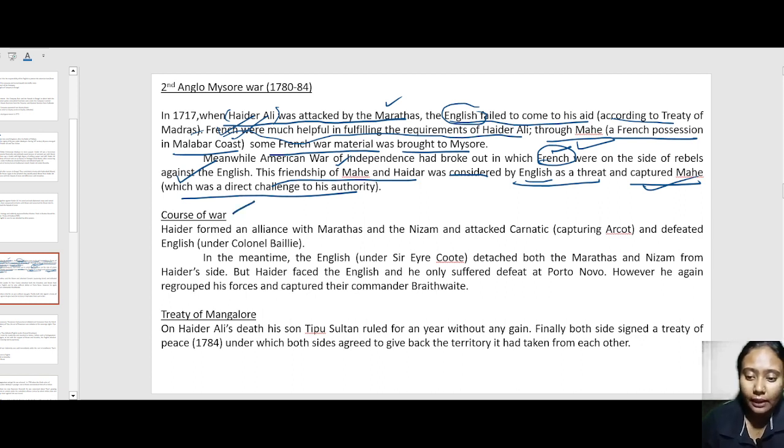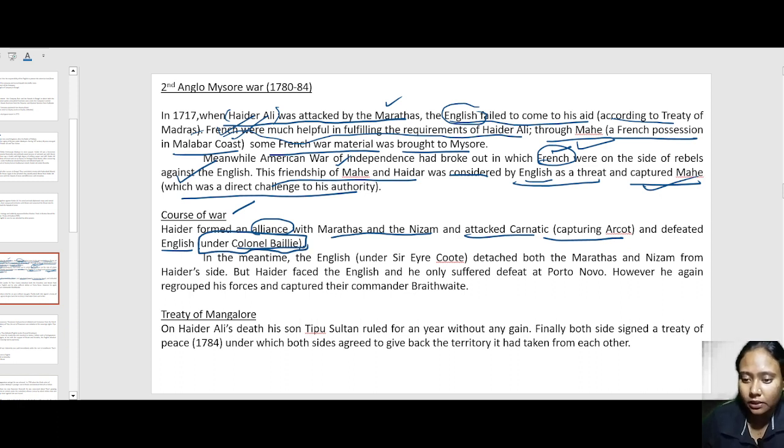So, in the course of the war, Hyder formed an alliance, which he does in every war. An alliance with the Marathas and the Nizam, and he attacked the Carnatic, captured Arcot there, and defeated the English under Colonel Bailey. Please mark the name, Colonel Bailey.